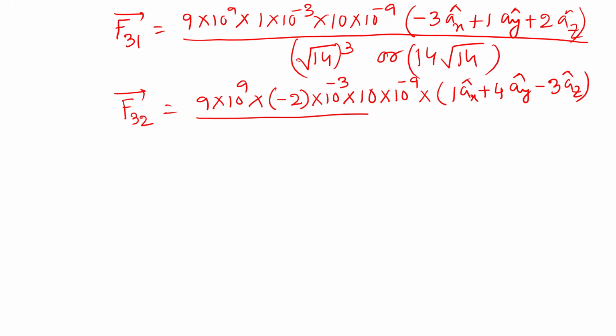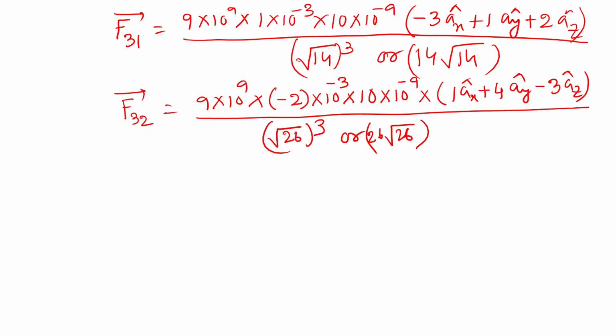This whole thing will be divided by root 26 cubed, or I can write it as root 26 into root 26. So we'll get two force values, F31 and F32, after replacing them in the Coulomb's law formula, and once we solve this, finally we'll get the F vector as F31 vector plus F32 vector.